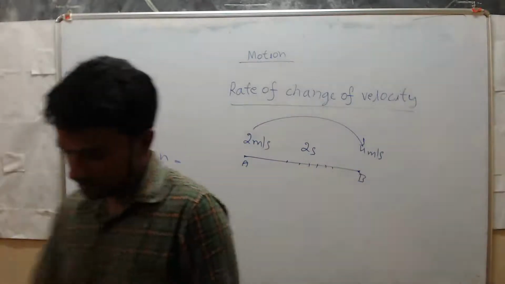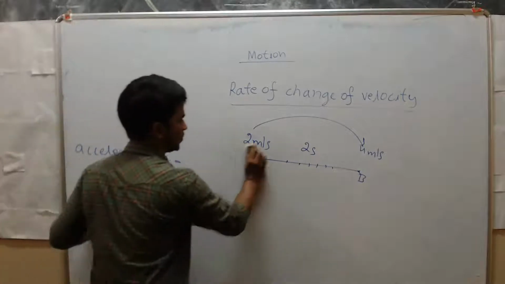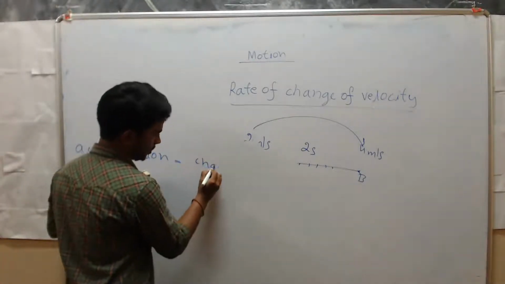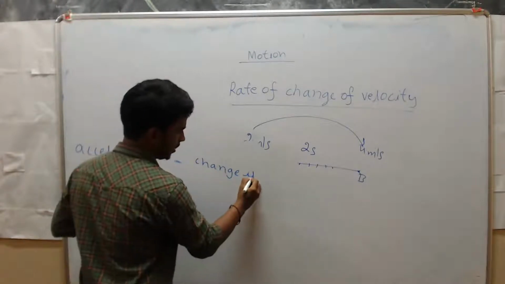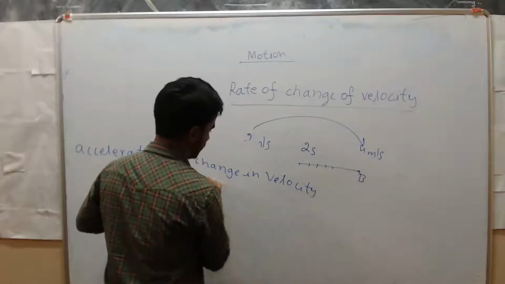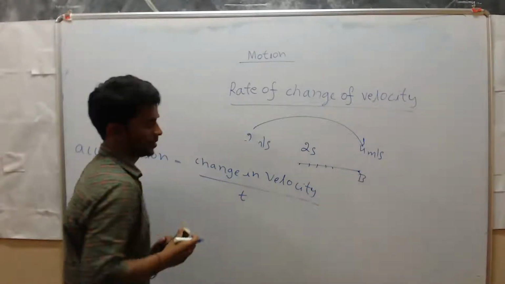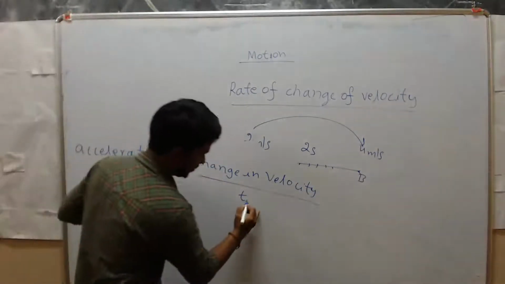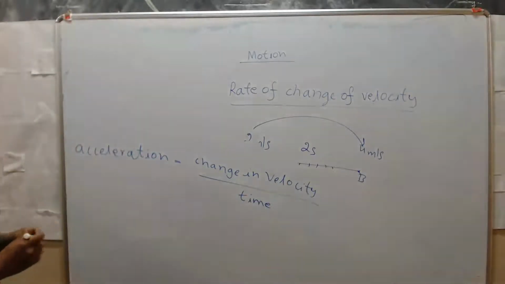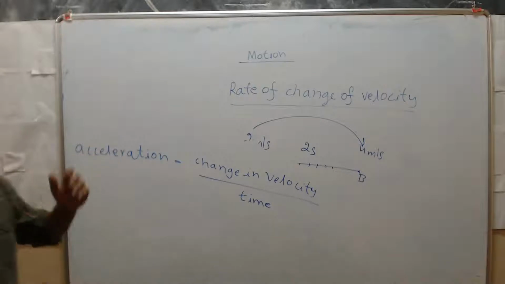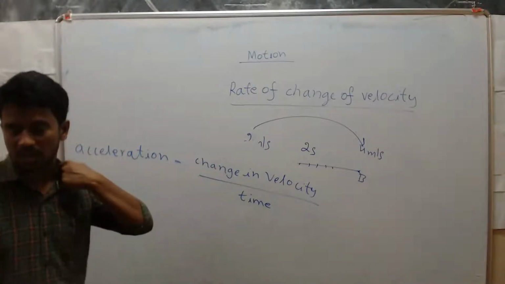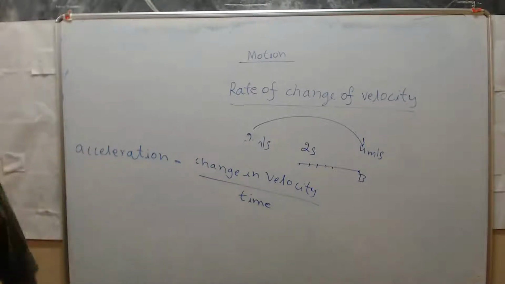Acceleration equals change in velocity divided by time taken, that is, how much time it takes to change that velocity.